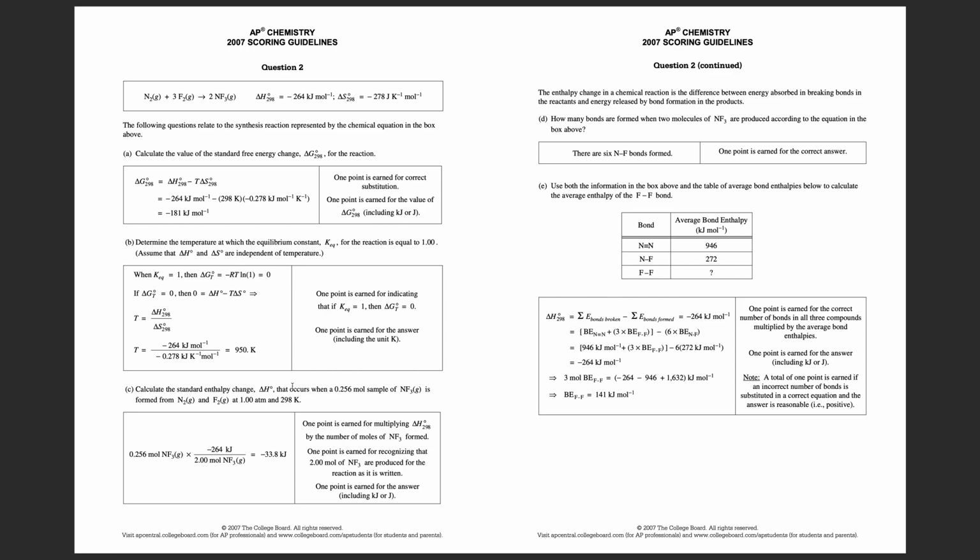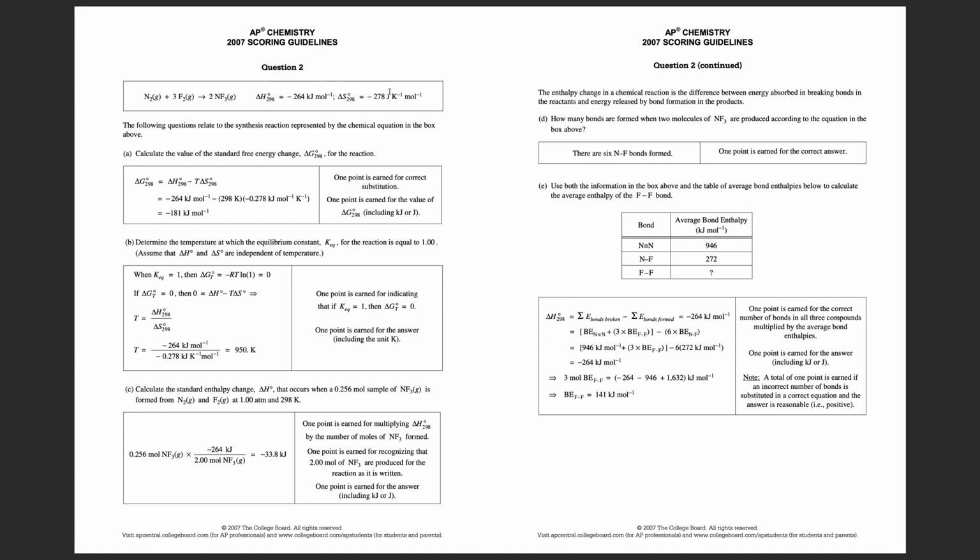Calculate the standard enthalpy change that occurs when 0.256 moles of NF3 is formed. So look back up here at the equation. In the equation as written, it's 2 moles of nitrogen trifluoride that's forming, and that's when you get this enthalpy change and this entropy change.